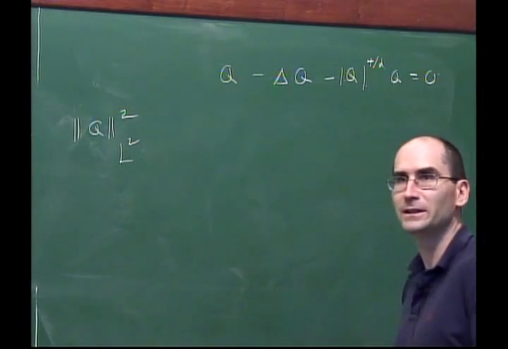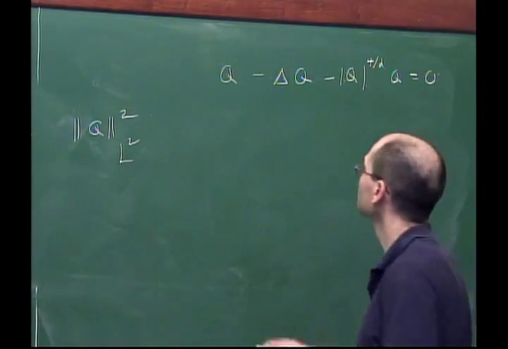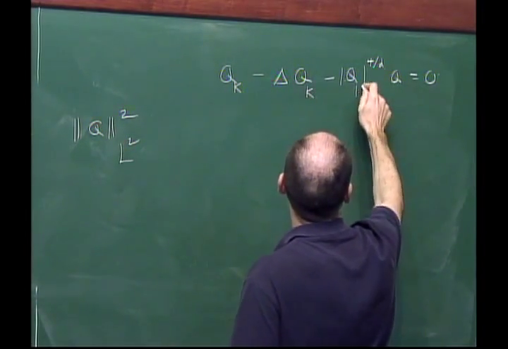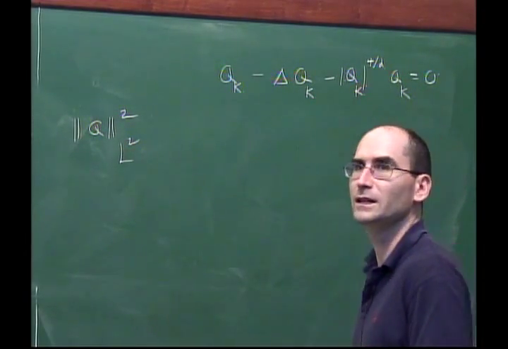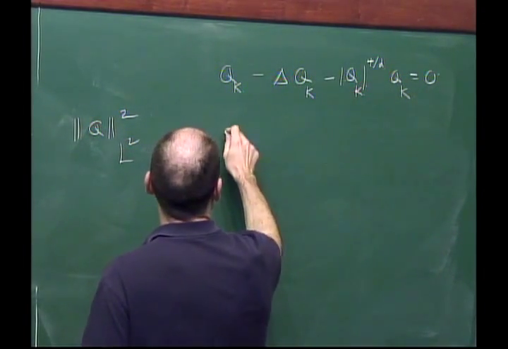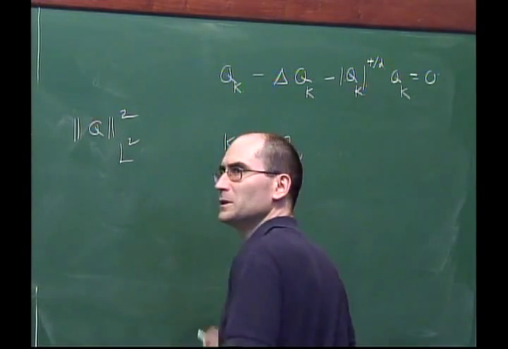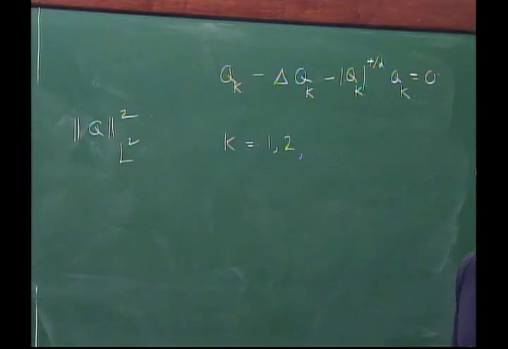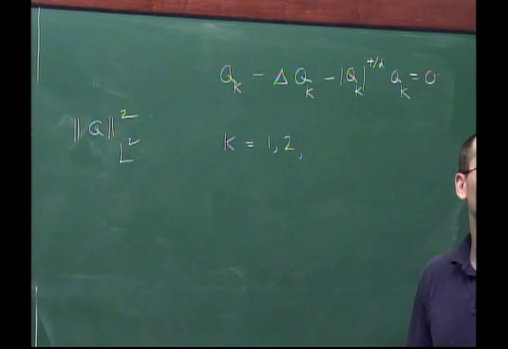In the second part, they construct in dimension 2 and higher excited state solutions. So if we put a sub k here, then for k equals 1, 2, and up, there are solutions, all of which are radial, and then the masses are increasing as we go up in k.